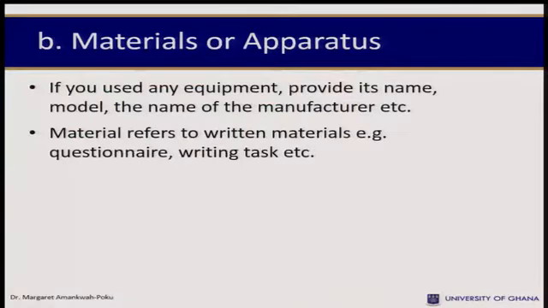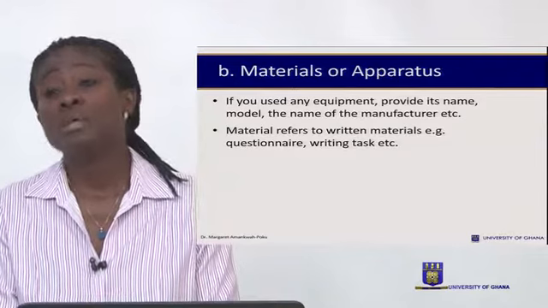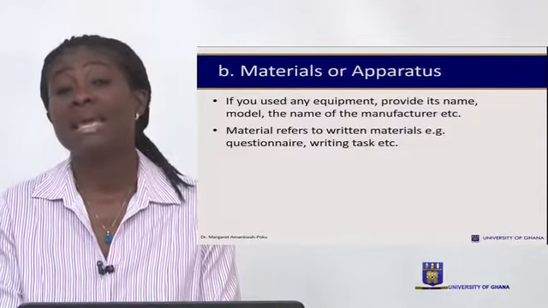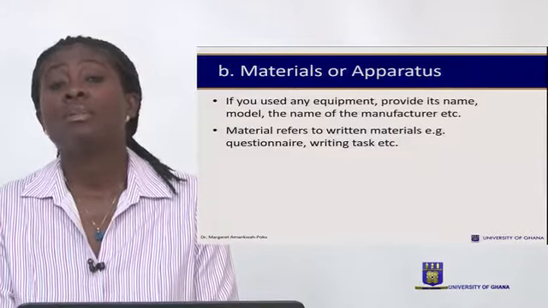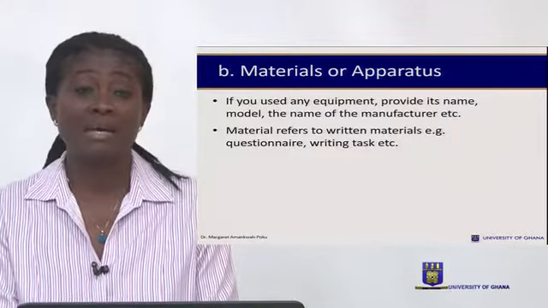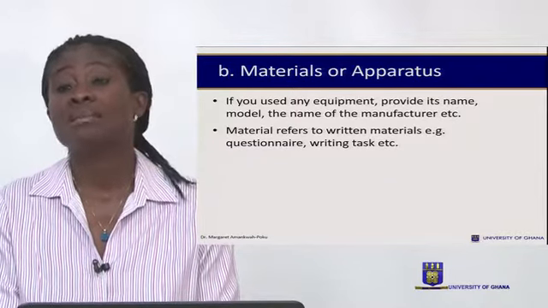If you use any equipment, you need to provide the name of the equipment, the model of the equipment, and the name of the manufacturers. So where I've used the glucometer, I have to specify the name, the model that I used, and then the manufacturers of this glucometer. And when we talk about materials, we are referring to written materials.